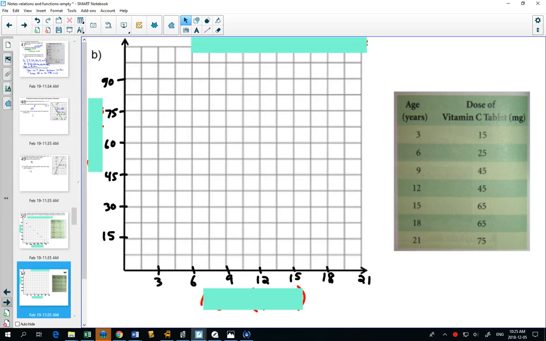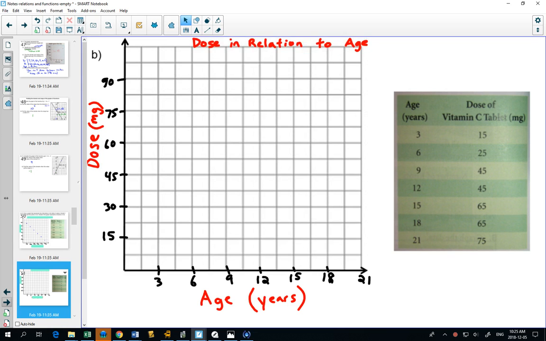In the second example, we've got age in years and dose of vitamin C. So we've got age there, years there, a nice title.